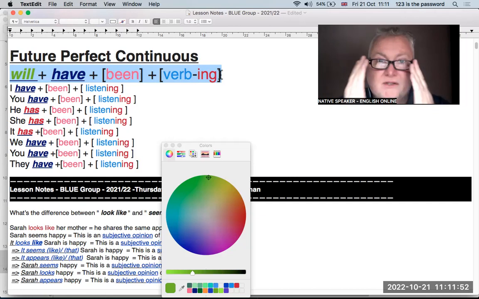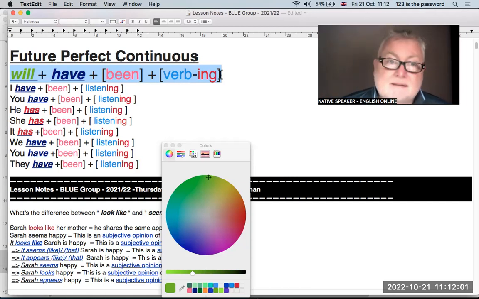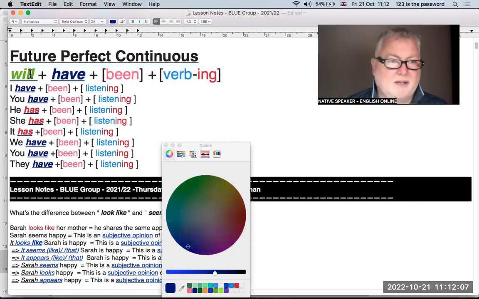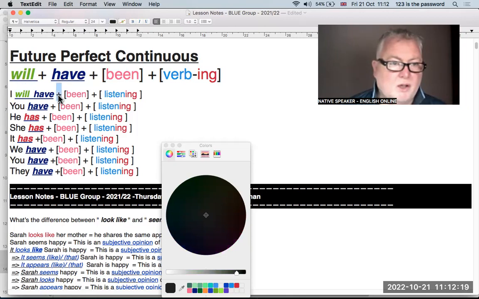And this confuses students. Students go, Jesus Christ, it couldn't be four verbs together like that. Boom, boom, boom, four verbs. Yes, it is. And students are often surprised by that. So what do we have to do here? Well, we have to bring will down here. Boom. And it'll be nice. So we've got that there.